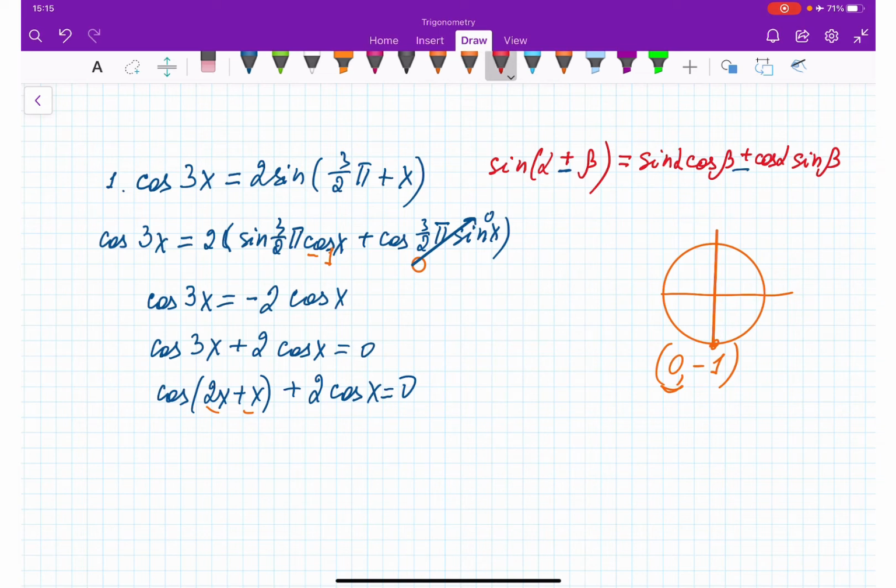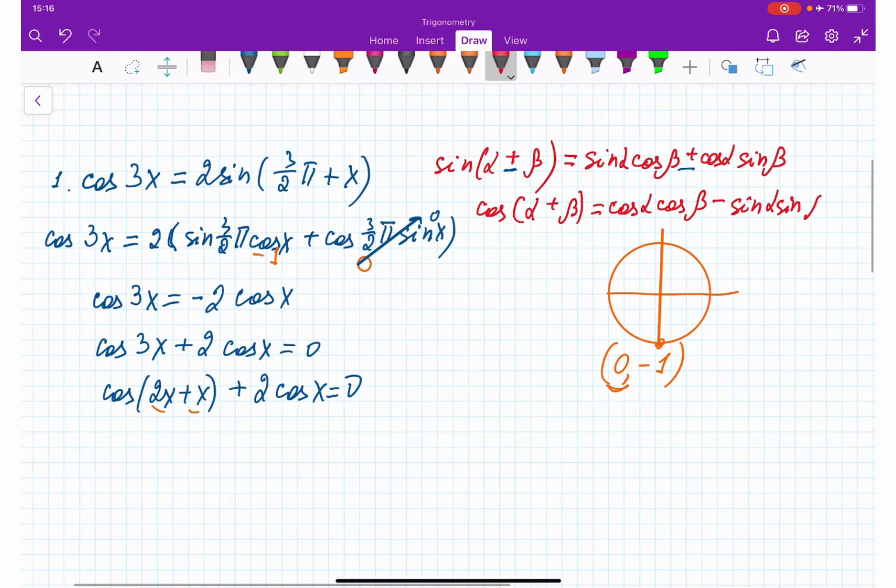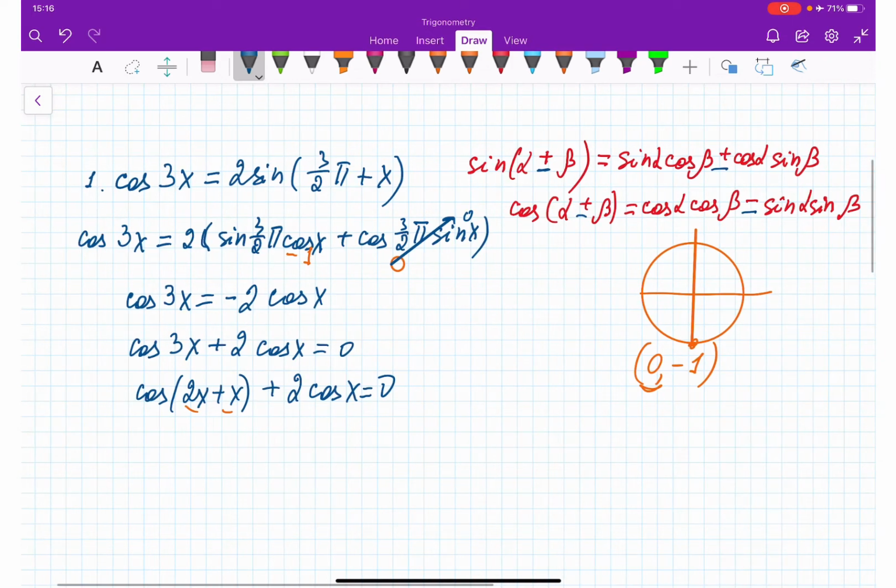So cosine alpha plus beta is equal to cosine alpha cosine beta minus sine alpha sine beta, right? And in the case of subtraction, here there will also be subtraction. So let's use it.